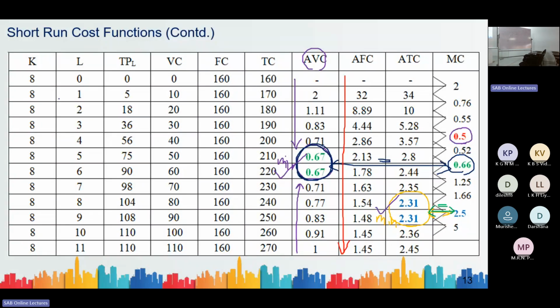So the graphical relationships are clear with these numbers as well. These numbers prove the graphical relationships we observe among these concepts.